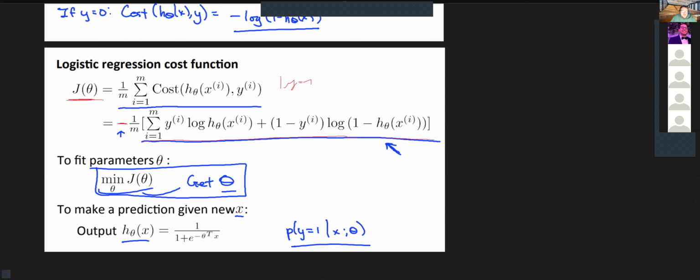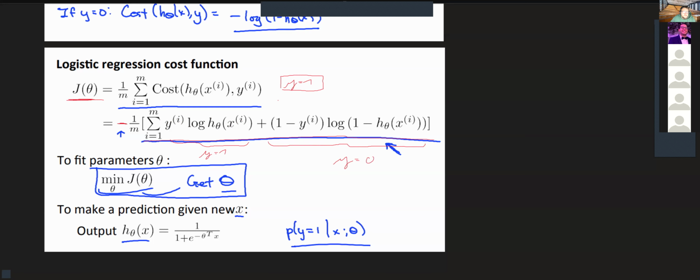So let's first examine this if our ground truth is 1. Remember, y can only take on two values, 1 and 0. So if this is 1, then this says 1 times log h of x, and so on. This is the part of the cost function if y is 1, and this is the part of the cost function that gets activated if y is 0.